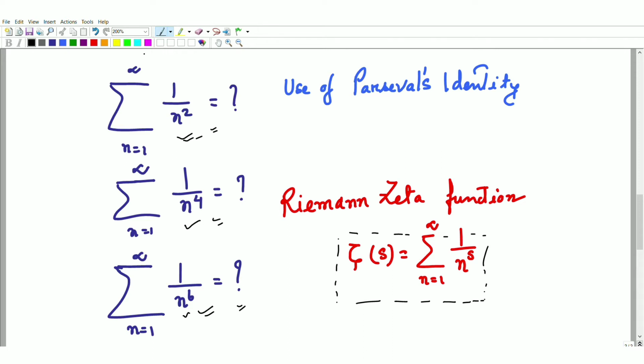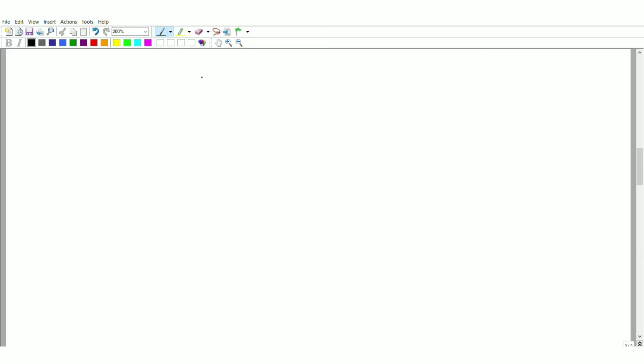So first we'll write Parseval's identity again. It is from minus pi to pi. If I write that identity in terms of the variable angle, then the integral of f(x) square dx over pi equals a naught square by 2 plus the summation of an square plus bn square.